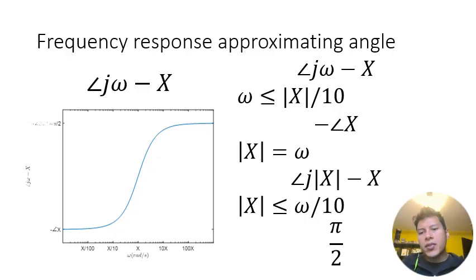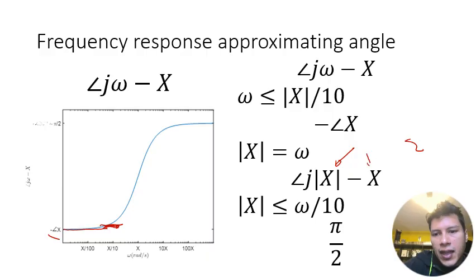So here's the approximation that I wrote on the previous slide. For omega, let's say this was the angle of x, negative the angle of x. Up to x over 10 frequency, we're going to have basically a constant.